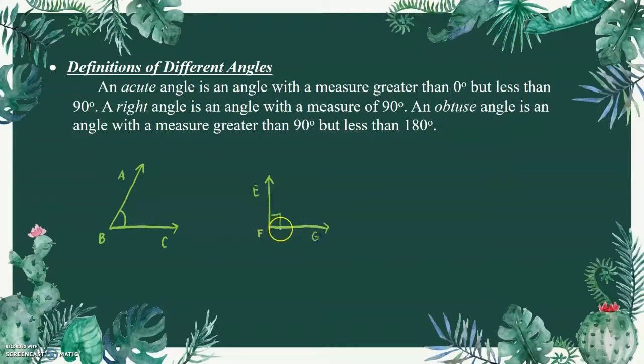Okay, angle EFG is a right angle because angle EFG measures exactly 90 degrees. And last one, we have the obtuse angle, an angle that measures greater than 90 degrees but less than 180 degrees. So, an example we have here.